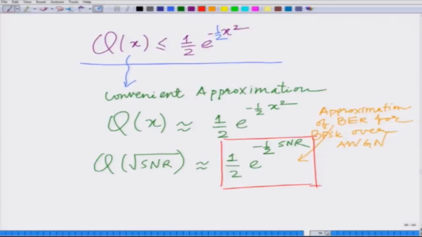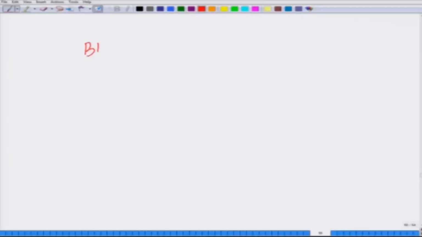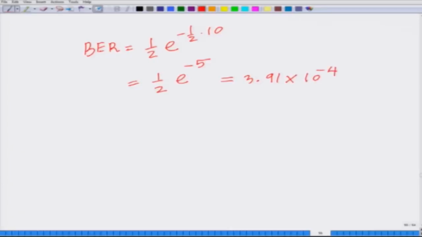Using this approximation we can recalculate the bit error rate for the previous example. BER equals half e to the power of minus half times the SNR, which is 10, so half e to the power of minus 5, which is equal to 3.91 into 10 power minus 4.